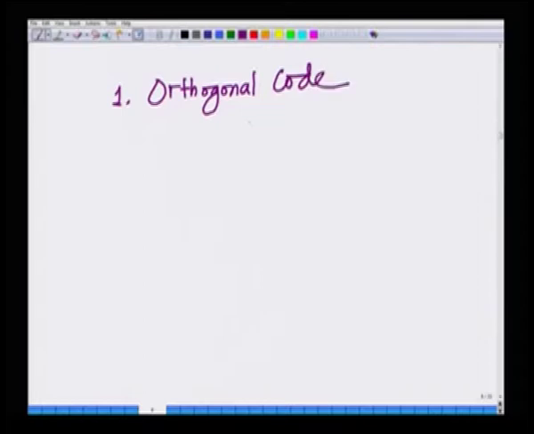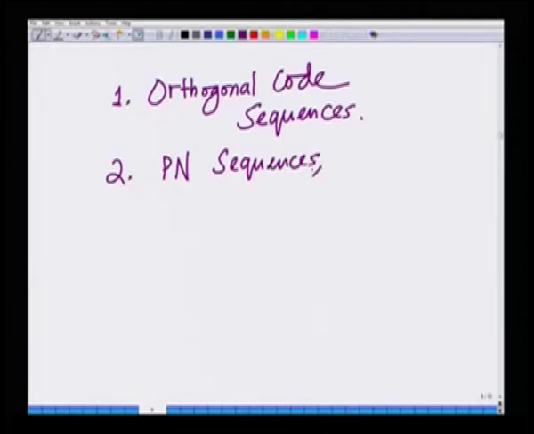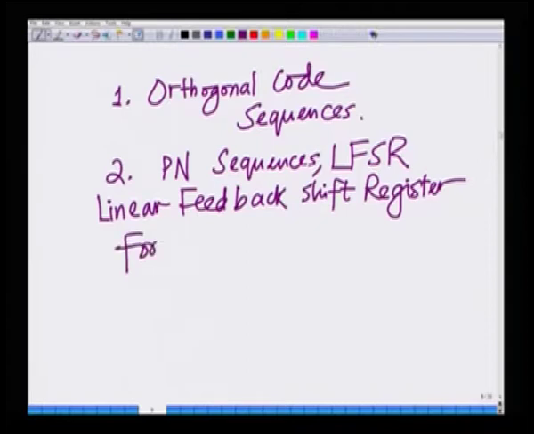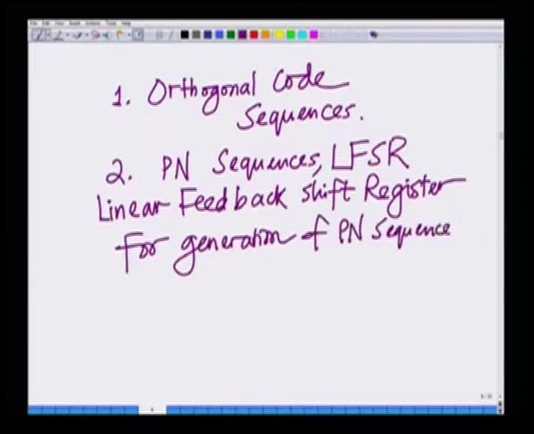or orthogonal code sequences. We looked at PN sequences and the linear feedback shift register, that is LFSR, for generation of PN sequences.